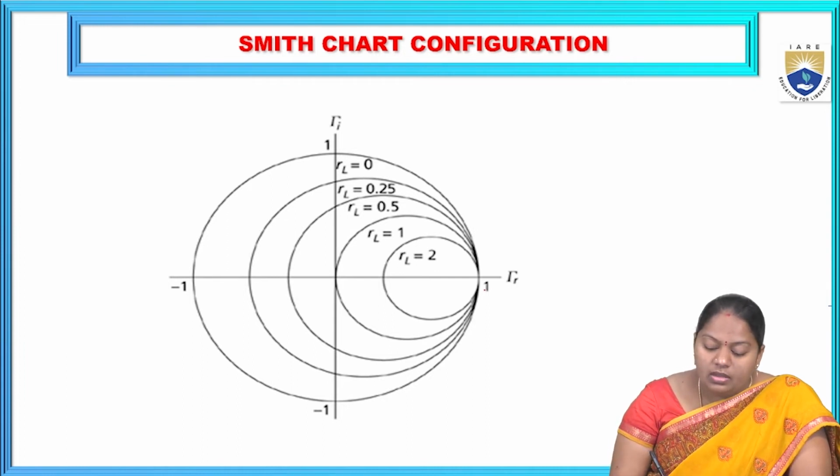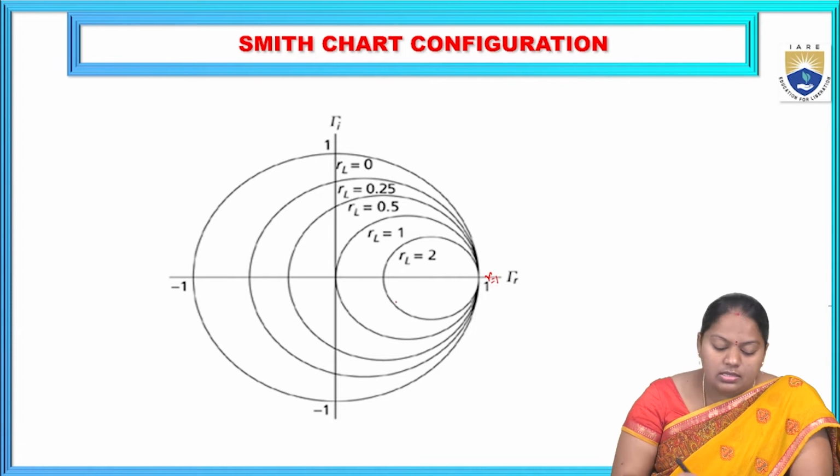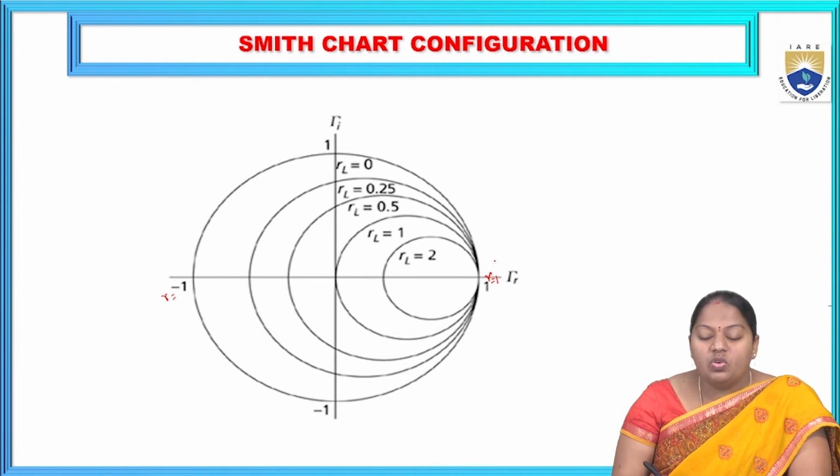See here, if r equal to 1, this is the one. With the center and the radius as shown, we will be drawing one circle. So here r is equal to 1, represented like this. Now this value is r equal to minus 1. With radius 1, we will be drawing one unit circle. So the highest circle radius is here, where r is equal to 1, in the case of constant resistance circles.